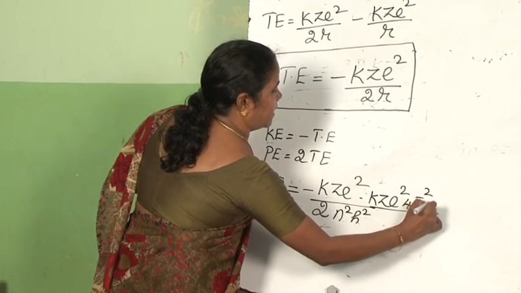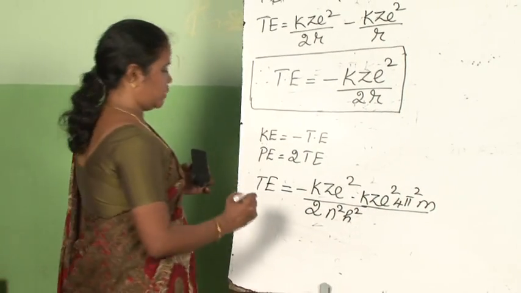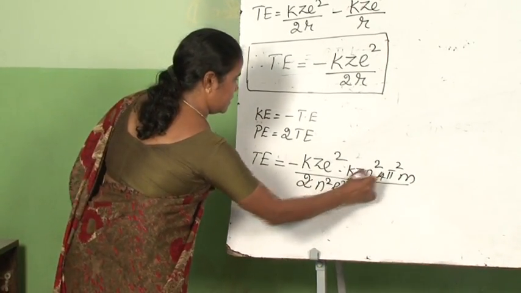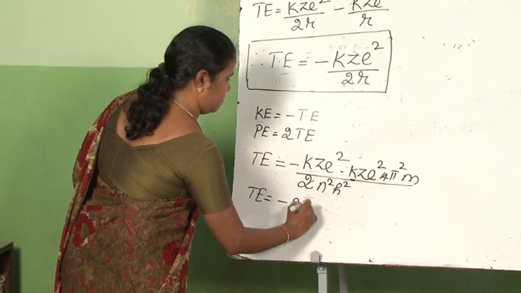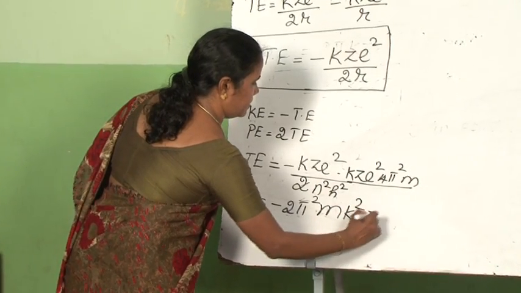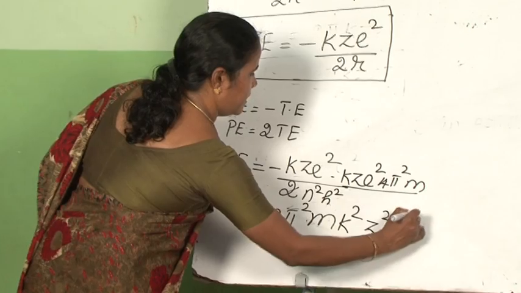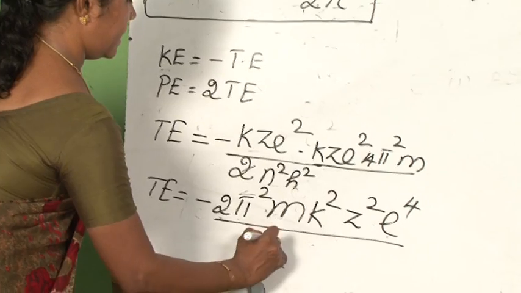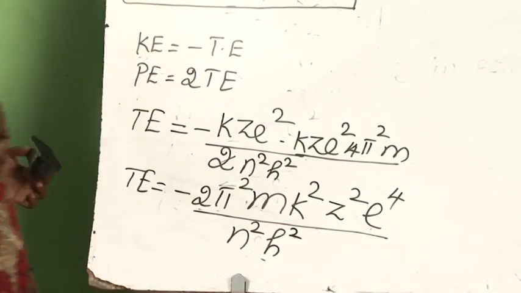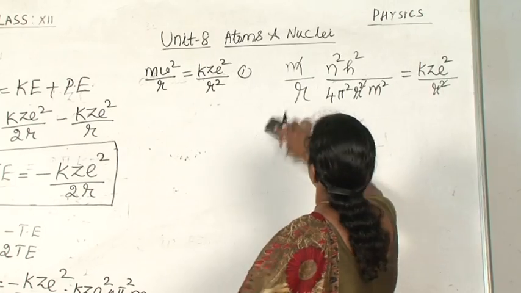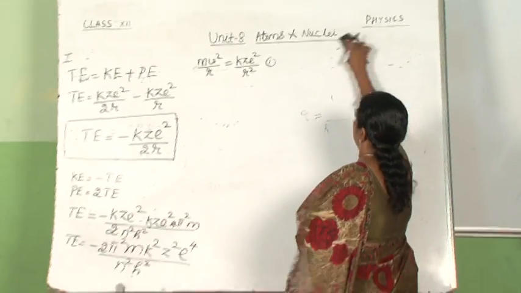So, the expression for total energy is minus 2 pi square m k square z square e raised to 4 by n square h square. Now, this is the expression for total energy of electron in Bohr's stationary orbits.